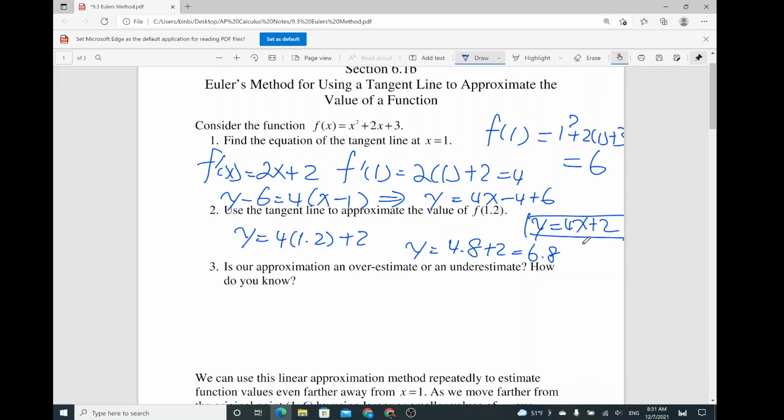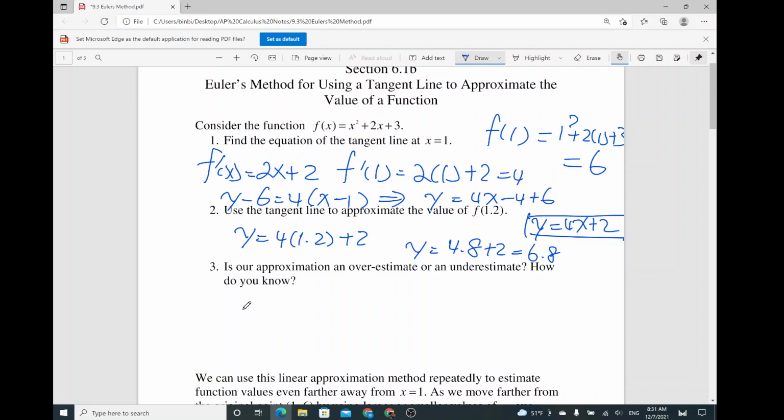So is our approximation an overestimate or underestimate, and how do you know? Well, if this is considered a quadratic equation, then past the vertex the curve is going to be increasing. So any point that's getting further away from 1 would be considered an overestimate.